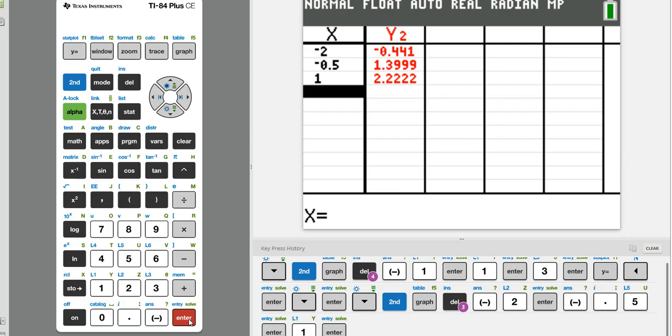I'm trying to think about the graph and justify that. I think it makes sense in my mind, but we'll see when we actually look at the graph. So negative, negative, negative, positive, positive. So it's going to be concave down, concave up, and concave up again.